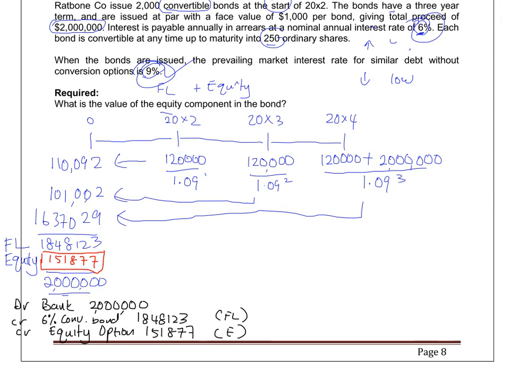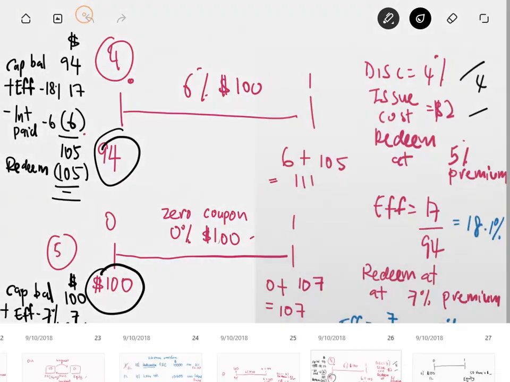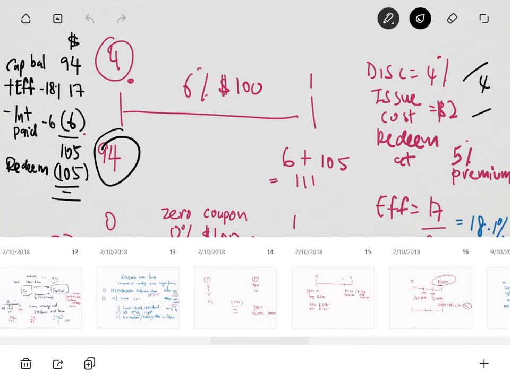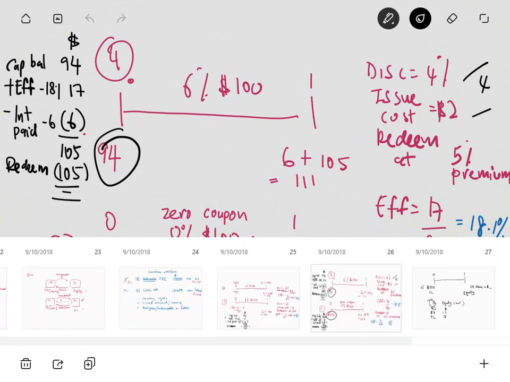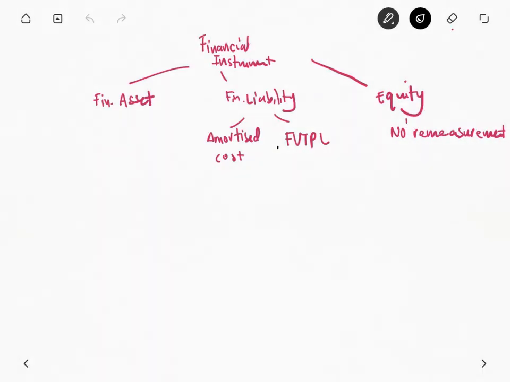Okay, you got place, then you do the 3rd year, you should get 2 million after year 3.